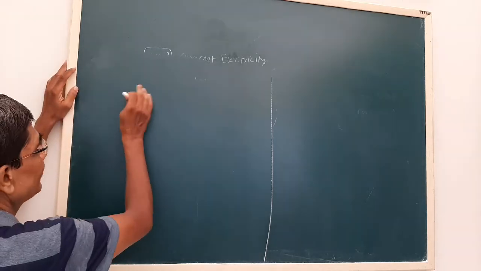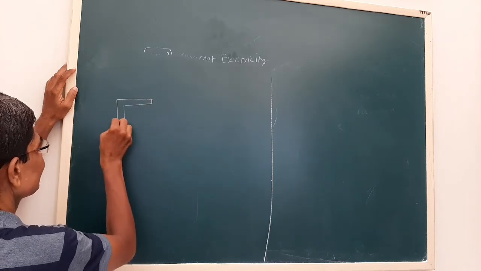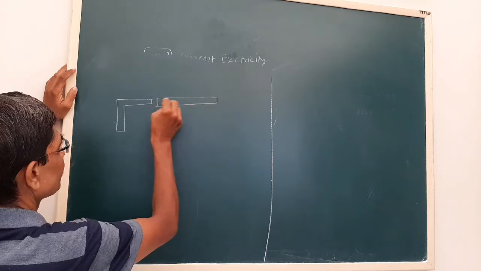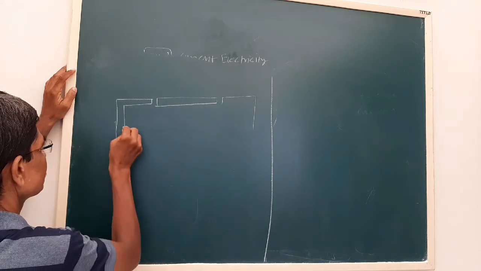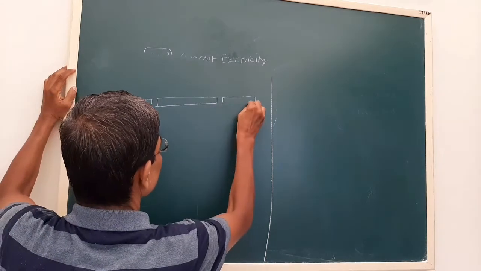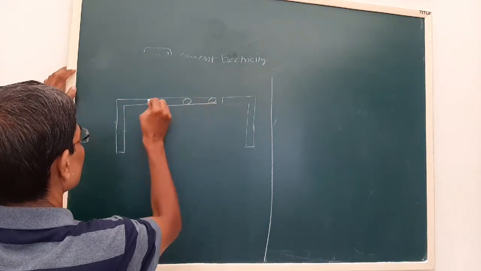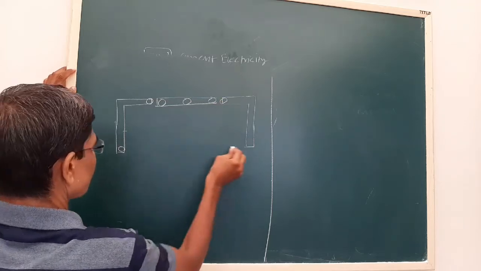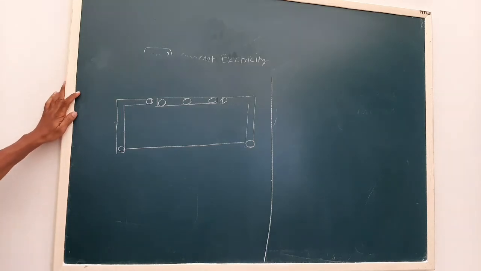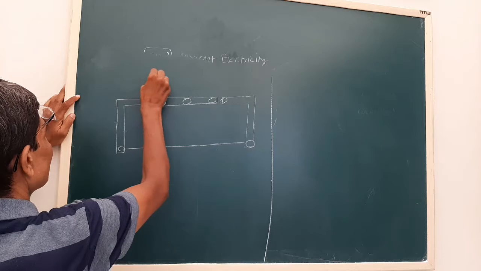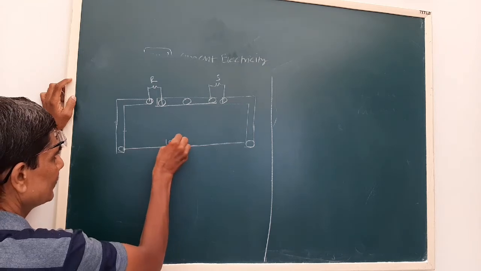Okay, so the meter bridge, as the name suggests, see, there are 2 arms in this circuit. One is here, resistor R is connected, and here S. Now this is a wire of length 100 centimeter.